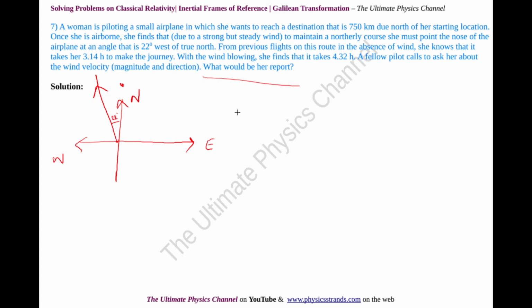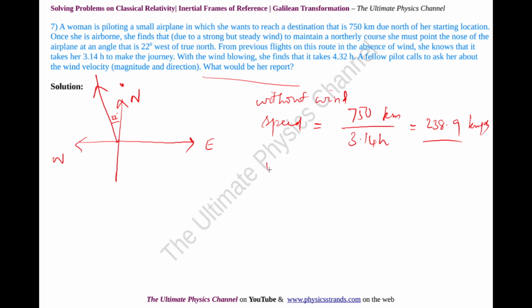So we can say that without wind, the speed is equal to 750 kilometers, taking 3.14 hours. That was the velocity, right? That is 238.9, let's say, kilometers per hour.